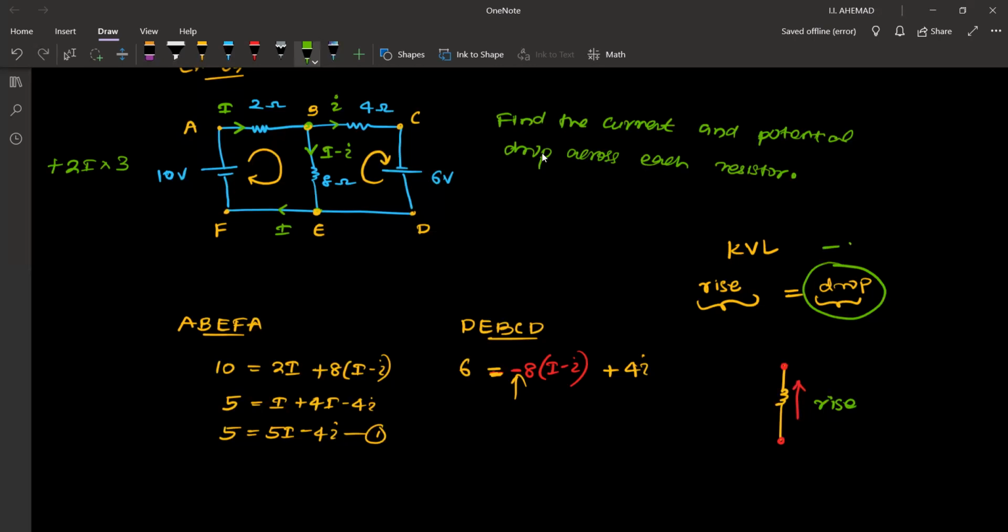Therefore, can I show it as minus? Can I use minus to show rise in drop? I hope you are getting me. Here we have to include only drops. But if there is a rise, then we can show it as minus, right?